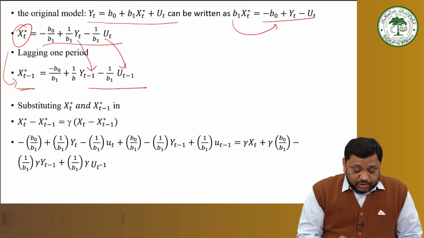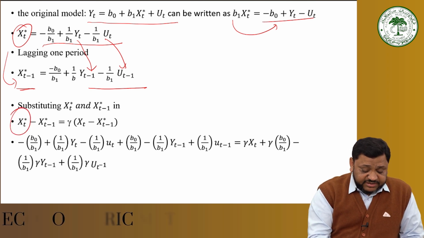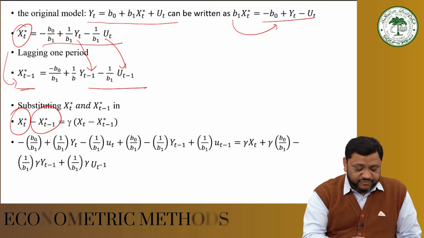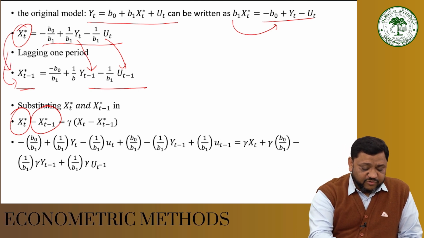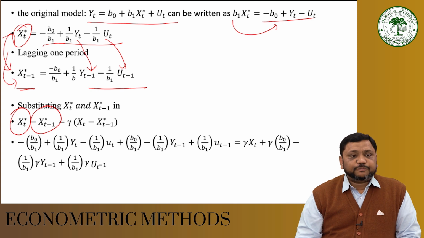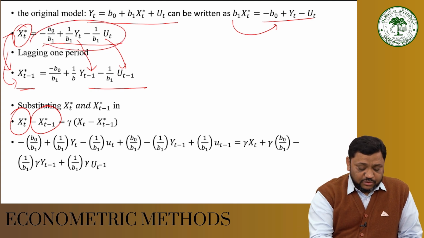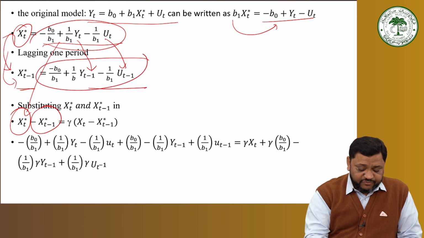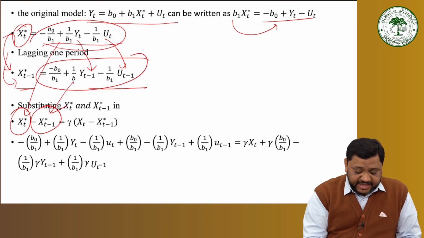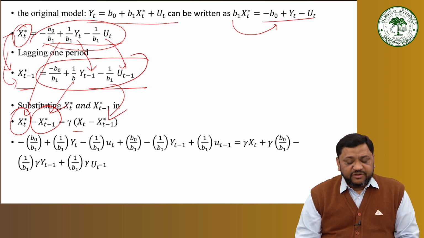Now in this equation, for x_t* and x_{t-1}*, we have got all the derivation. We insert the values here, and for x_{t-1}* we insert the values here.